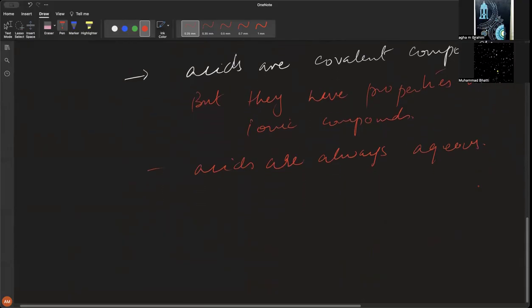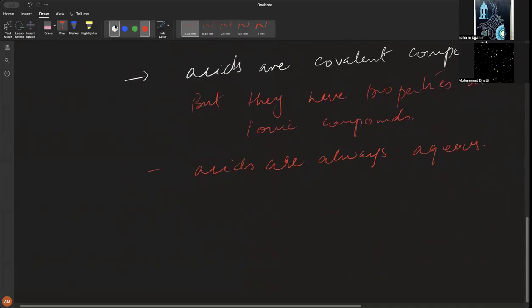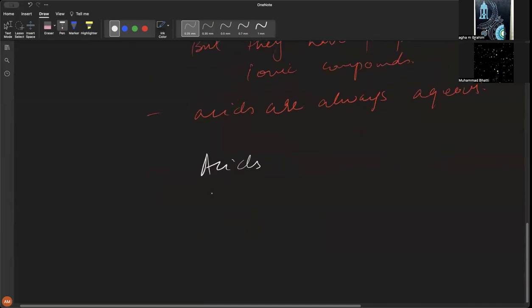What else do we need to know about acids? We say that there are two types of acids. We have not gone into the chemical and physical properties yet. We're just discussing acids at the moment in general. Acids are of two types: mineral acids and organic acids.